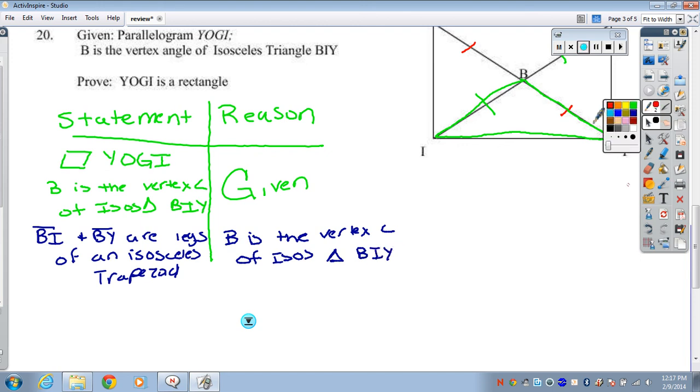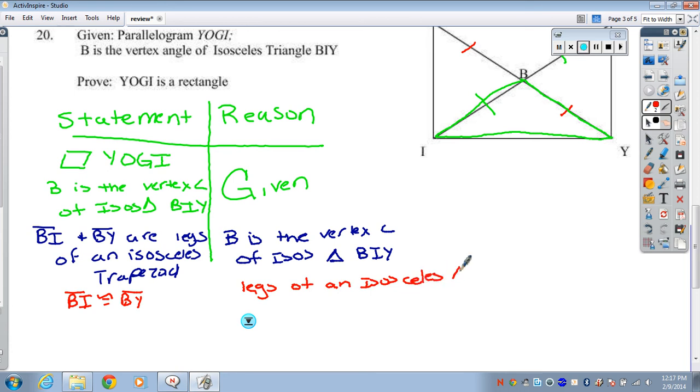Now, next step. We know that BI is congruent to BY because legs of an isosceles triangle are congruent. All right, next step.